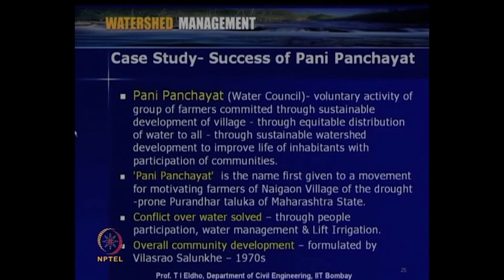So, Pani Panchayat is the name first given to a movement for motivating farmers of Naigaon village of the drought prone Purandar Taluk of Maharashtra state. So, this is a drought prone area, the average annual rainfall is about 500 millimeter. So, once the rainfall is over, no water is available for irrigation or even domestic or drinking purpose.